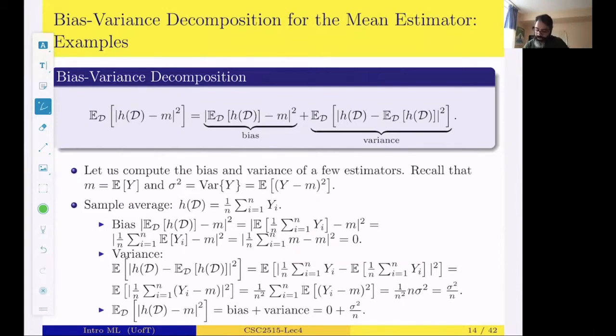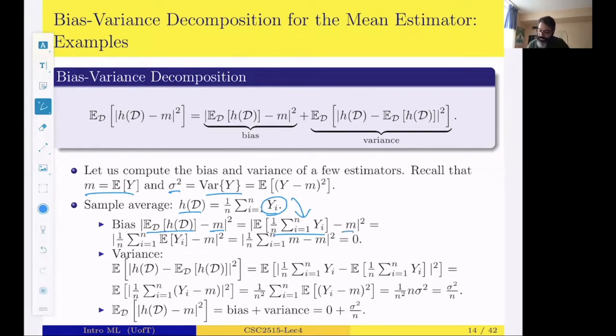Recall that m was the expectation of y, and sigma squared was its variance. The sample average was the estimator that sums the y_i's and divides by n. We can compute its bias. The bias term would be the expectation of h_D minus m, squared. To compute it, I just plug in the definition of h_D, which was this summation, minus m, squared.